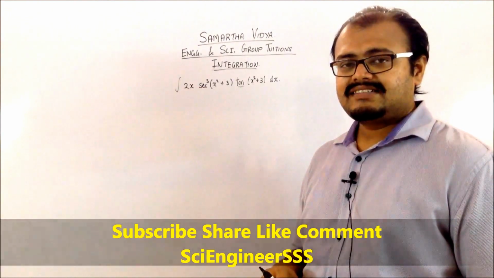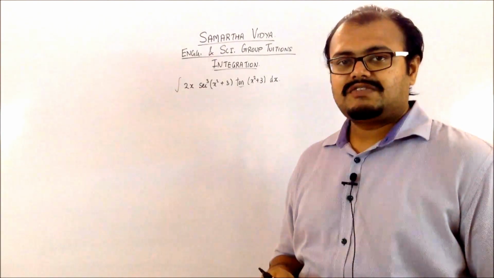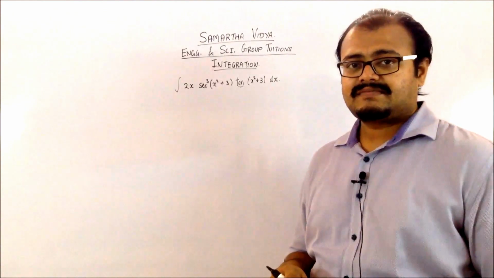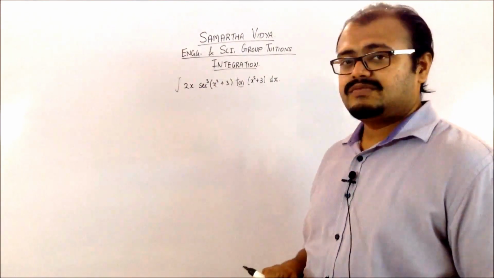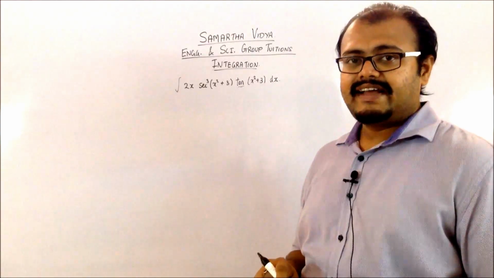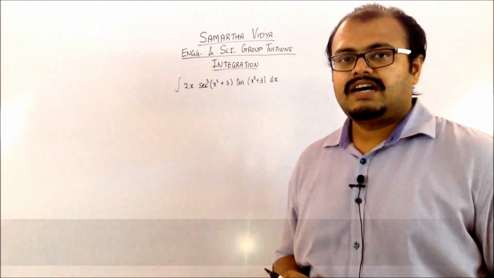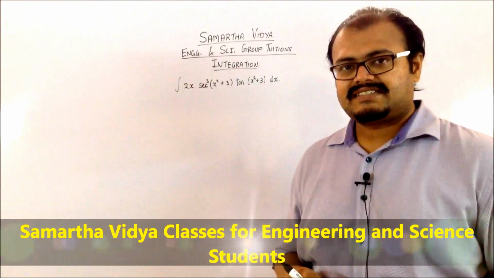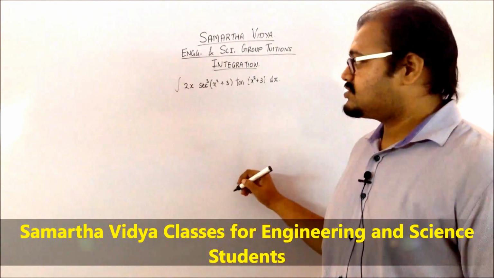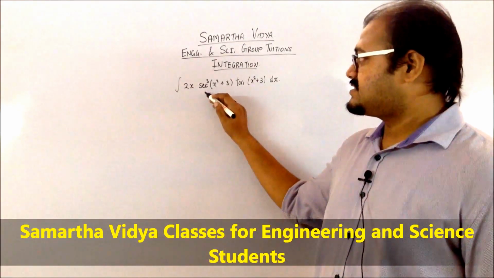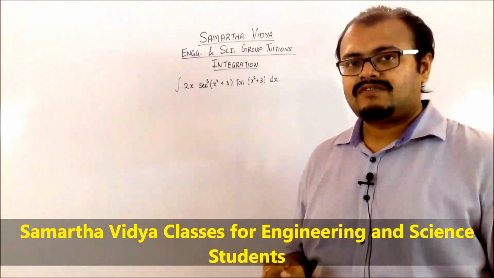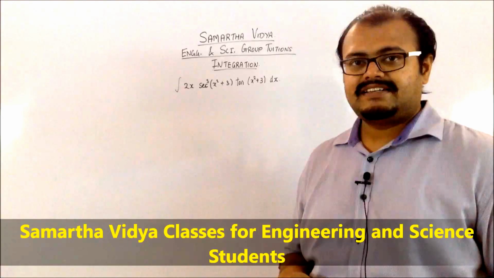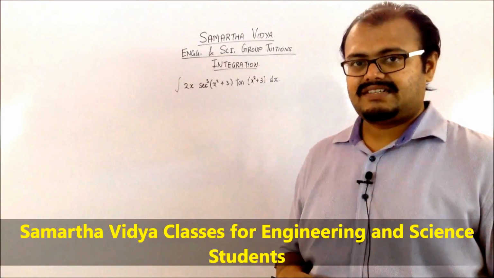Then the derivative of tan x is sec square x, which in this case you are getting over here as cube, so that is not going to help you in solving. Now if you are taking the substitution as sec, then the derivative of sec is going to be sec x tan x. So you are getting rid of one of the sec and you are also getting rid of the tan when you are taking the derivative.